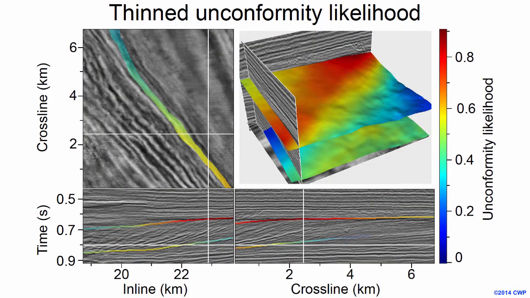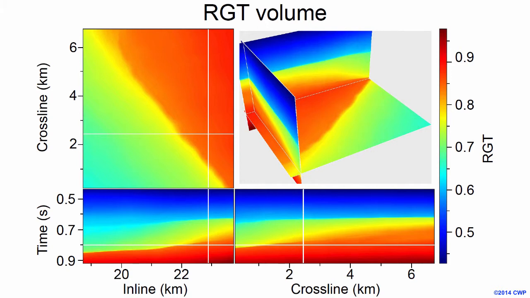Now let me show you a 3D example for the flattening method. Again, we use the unconformity likelihood shown here to weight the flattening method. And the relative geologic time values are computed by using this weighted flattening method. We observe that the relative geologic time values are discontinuous at the unconformities.